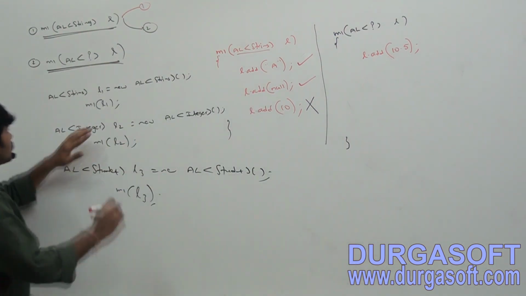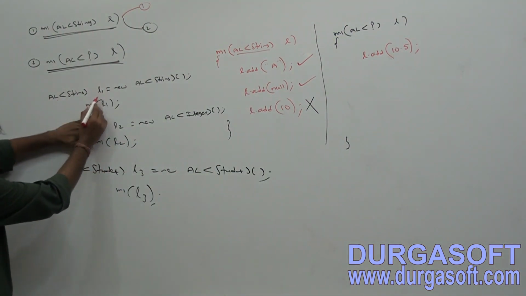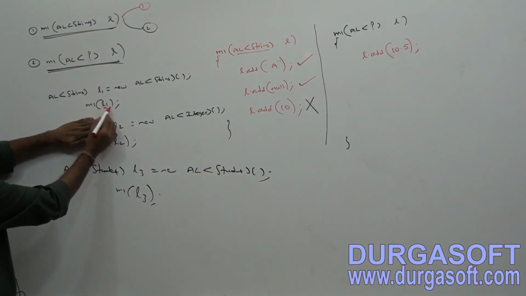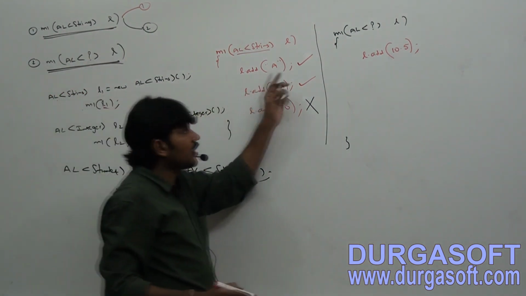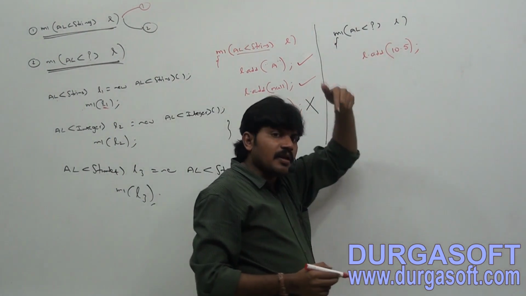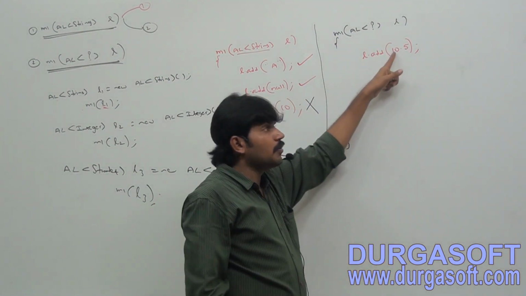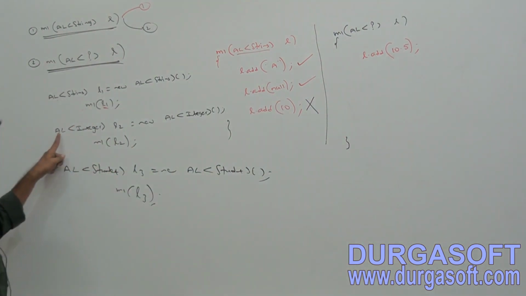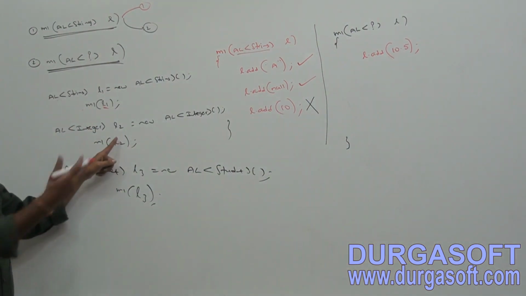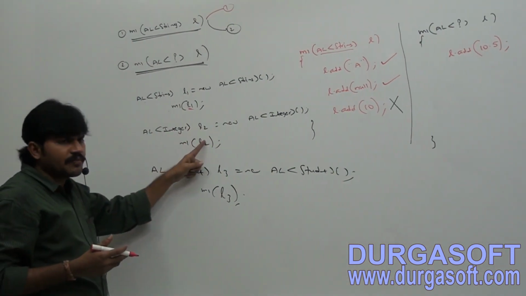Suppose I am passing an ArrayList of String, calling m1 by passing l1, which is String type. Now an ArrayList of String is coming. For an ArrayList of String, how can you add a double? Are you getting the problem? Or suppose an ArrayList of Integer. Any type, you can call that method by passing an ArrayList of any type.